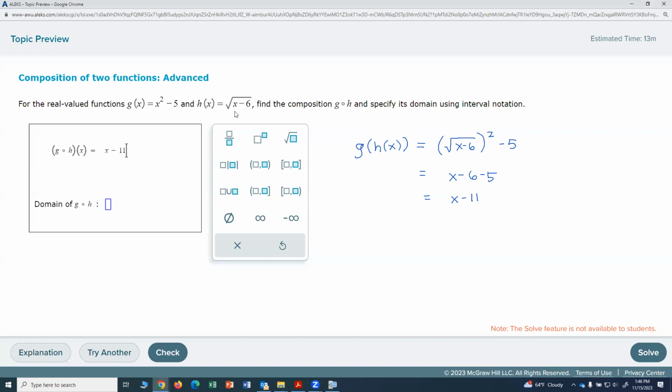For a square root, we know that the part underneath the square root has to be greater than or equal to 0. So for the domain, I'm going to have x minus 6 greater than or equal to 0. That gives me x is greater than or equal to 6, which translates in interval notation to the option where I am including the 6 by using a bracket and then going to infinity.